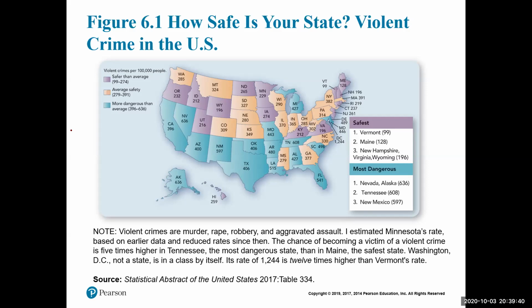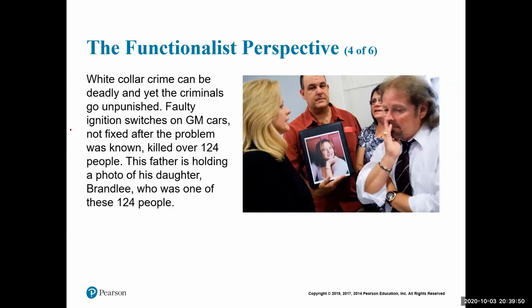When we're looking at the alignment of opportunity structure, this refers to the opportunities for crime that have been woven into the texture of life, right? So looking at this aspect of GM cars, you could look at it as an alignment of opportunity structures. We know sometimes our cars might not be 100% perfect, so it's those opportunities for crime to occur that are just basically woven into the texture of life.